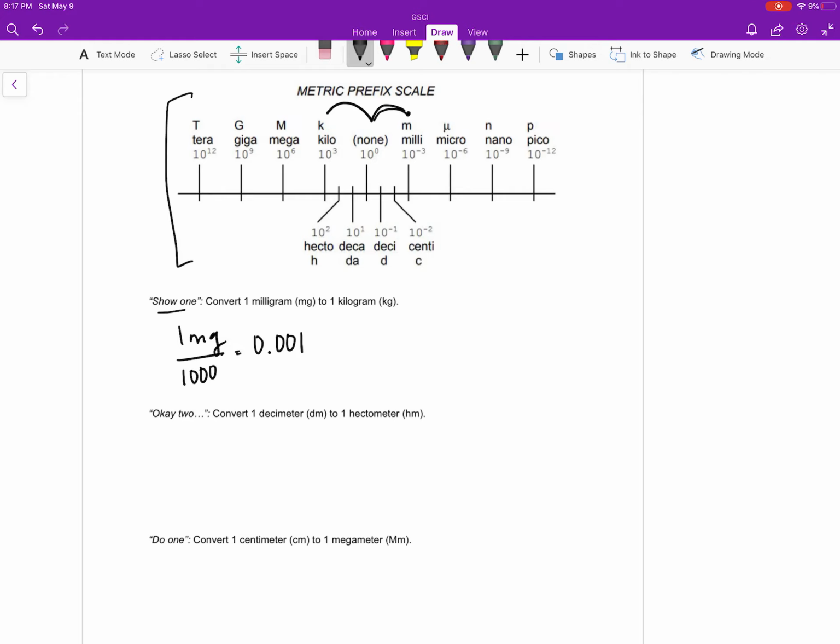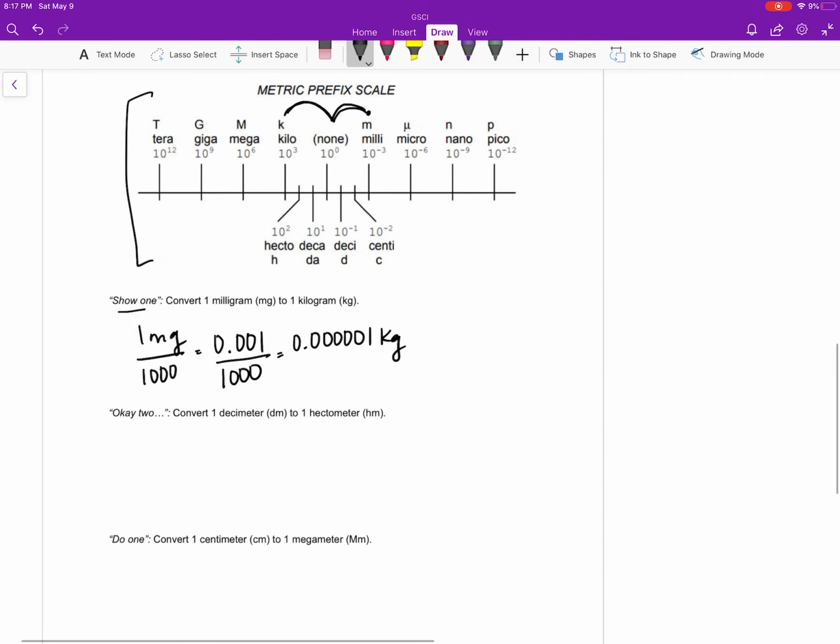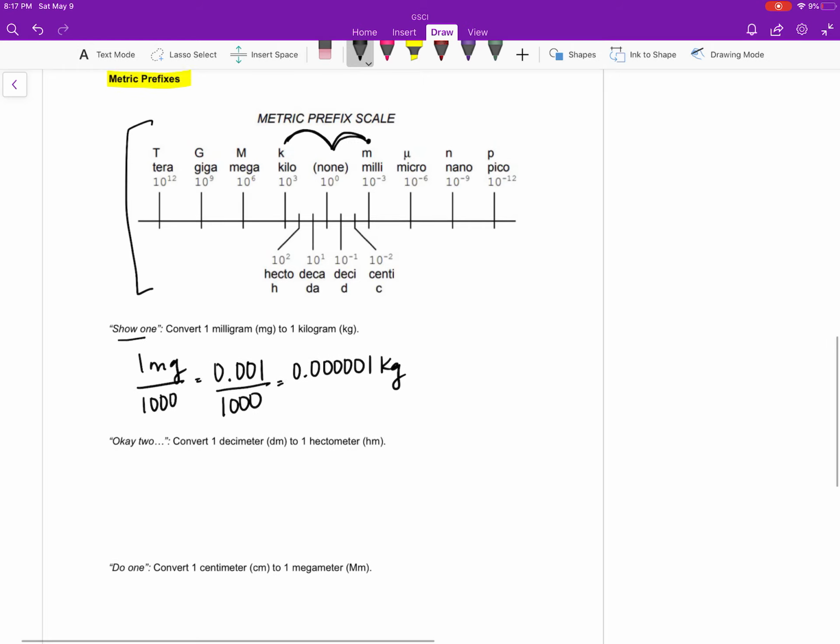That's the first step. Then I'm going to divide by 1,000 again. So that's one way you can look at dividing.